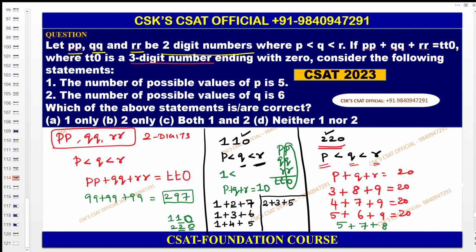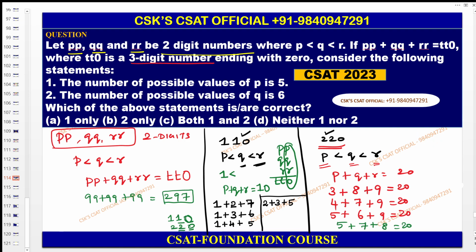So then 5, so 20. So now, anything else possible? No, nothing else possible. Even if you put a 7 here, if you put a 6 here, what will happen here? Check this one. 13. Next you have to put a 7. So this is not possible. So this is the very least one.